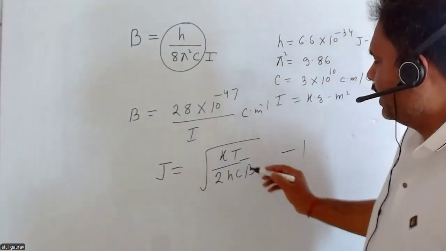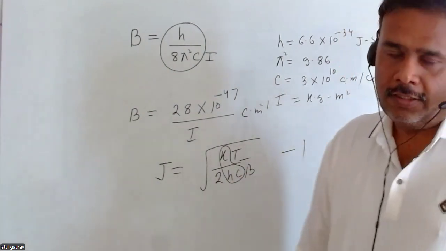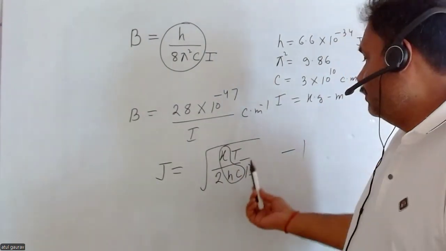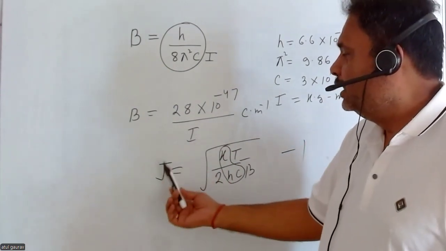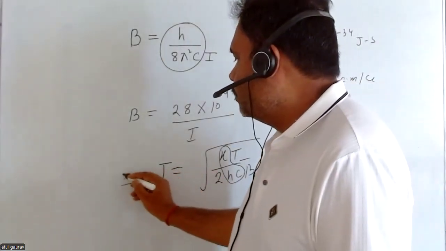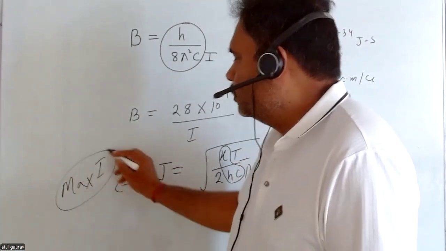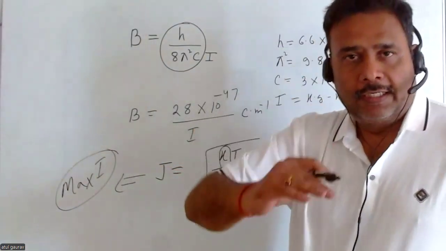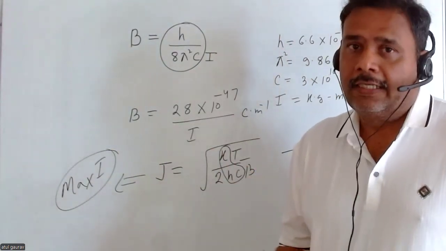Now again you can find that k upon hc is a universal constant, and B will be given in centimeter inverse. From here you can get this J, which is related to the maximum intensity, maximum I. So for this particular value of J, you will get the maximum intensity at some temperature, and this temperature is in Kelvin.